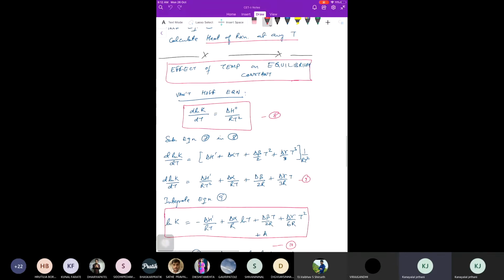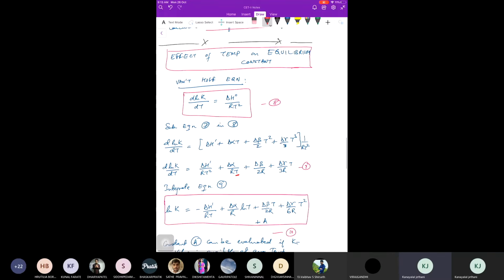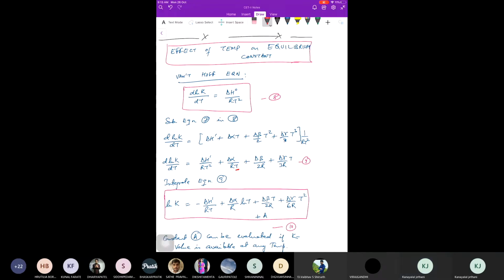And then we integrate equation 9, and you get ln K equal to minus delta S prime by RT plus delta alpha by R ln T, because this is 1 by T, plus delta beta by 2R into T plus delta gamma by 6R into T square, because it is T, so T square by 2 gives 6R, plus a constant A, the constant of integration, right?